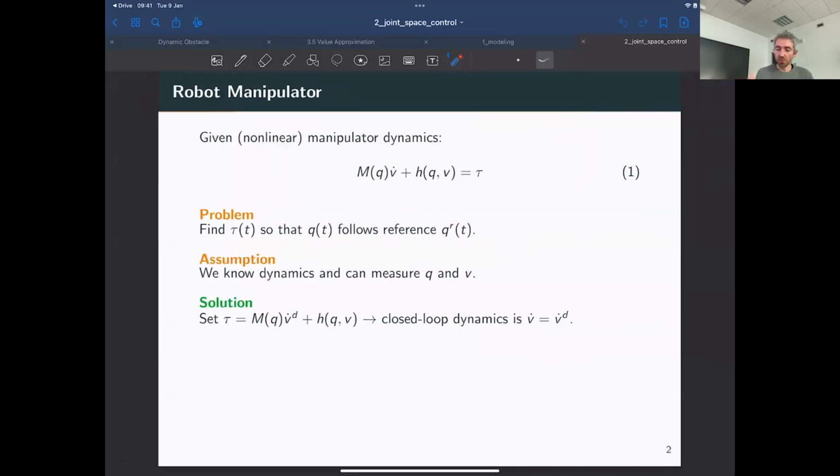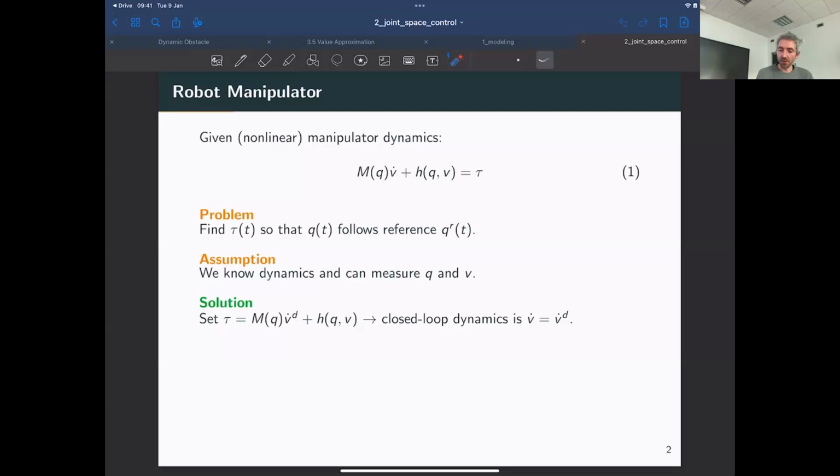then the solution could be simply to set tau equal to M times v dot desired plus h. So this is exactly the same expression we have there, but instead of using v dot, we use a value v dot desired, which represents the desired accelerations that we would like to see on the joints.